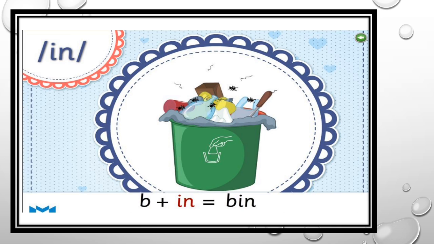It's a picture of a dustbin, where we throw the garbage in it. It is called the dustbin, or we can say bin. The beginning sound of this word is b.